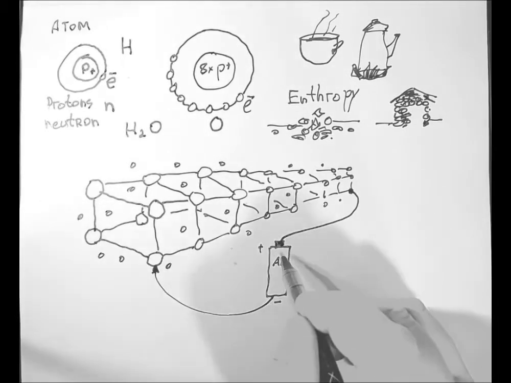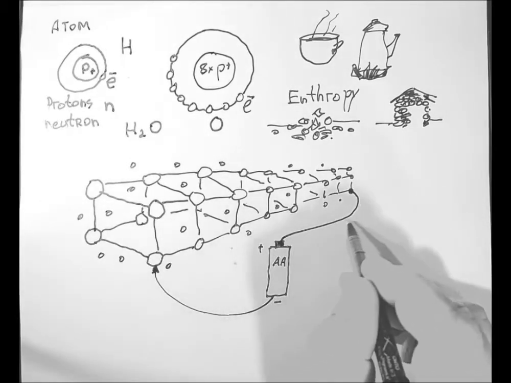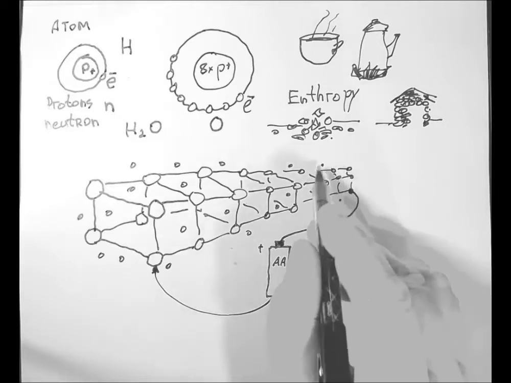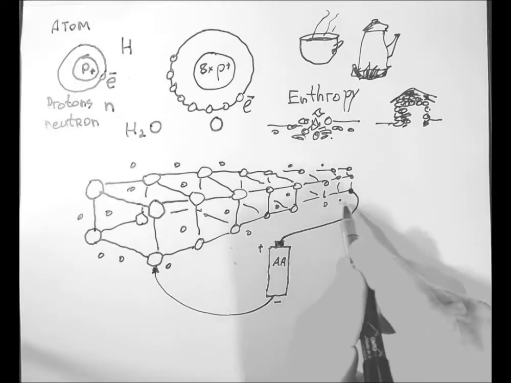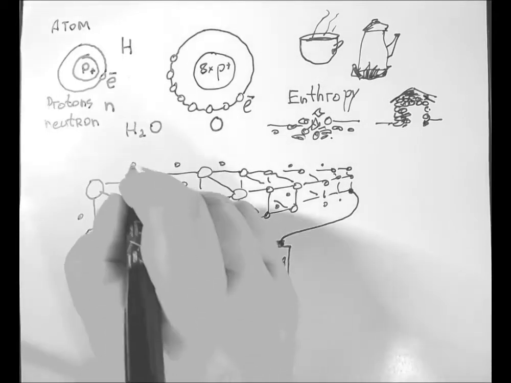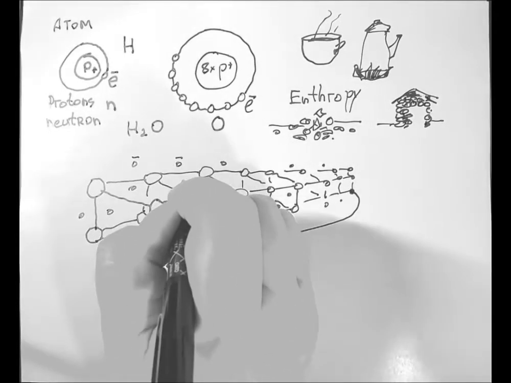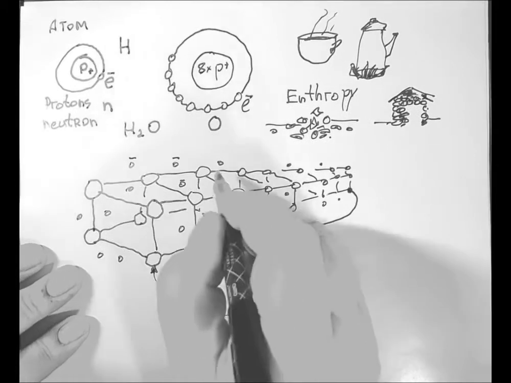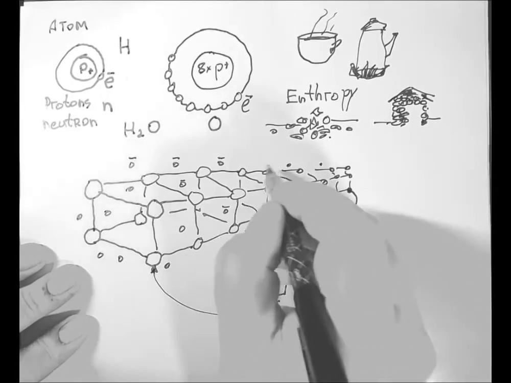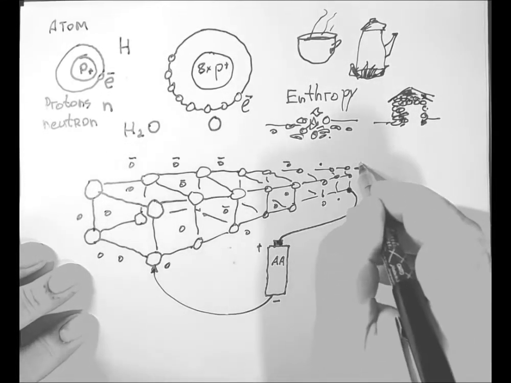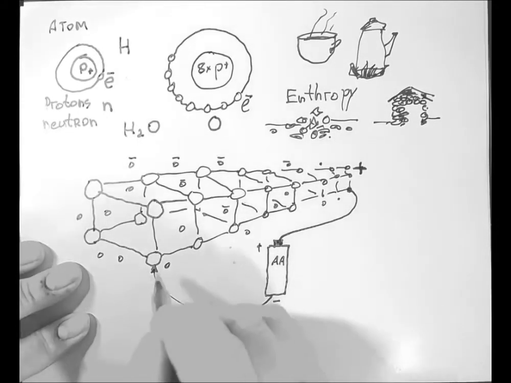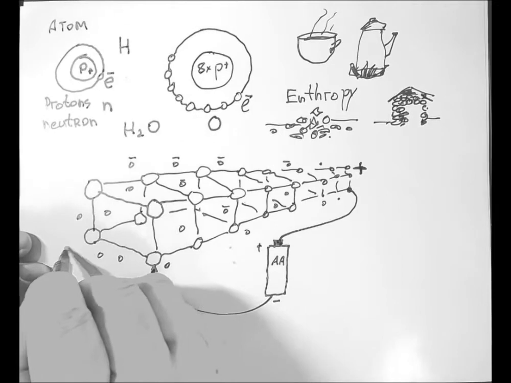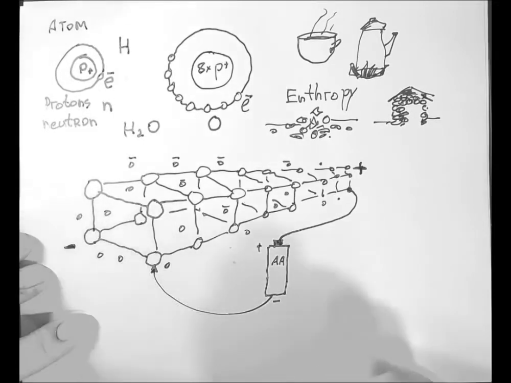Look what happens. The positive charge will go to the metal and will create a positive electric field in this bottom end. So electrons, because they are all negatively charged, will run to the positive charge of the far end of this conductor. But this end of the conductor will be charged with negative charge.